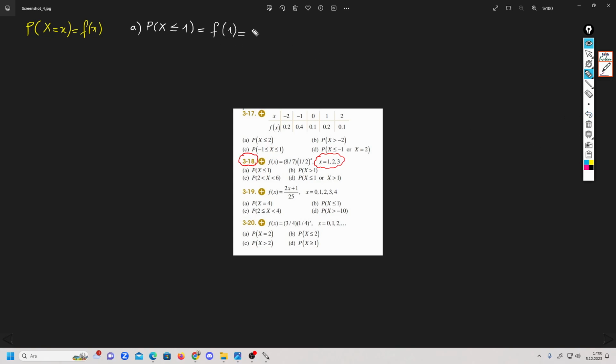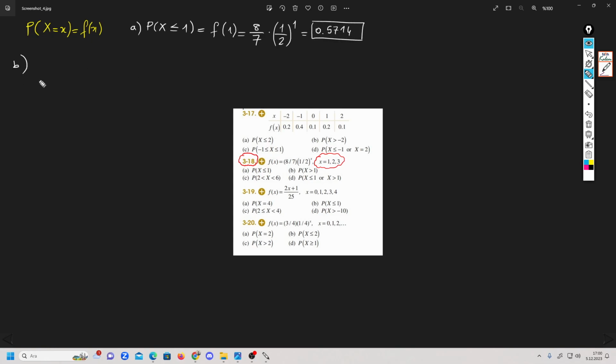So f of 1 is equal to 8 over 7 times 1 over 2 to the power of 1. I calculated this number by computer. It is exactly 0.5714. Okay, so this is part A.